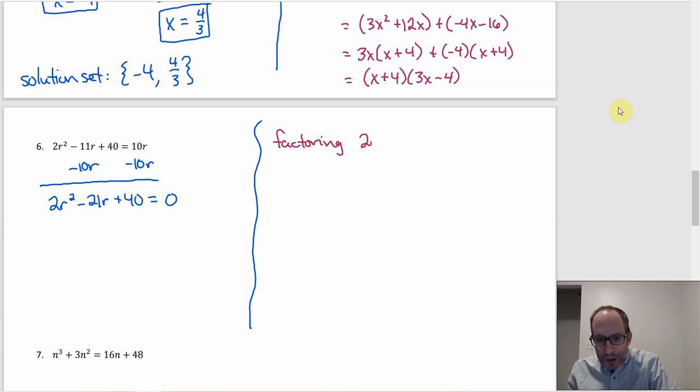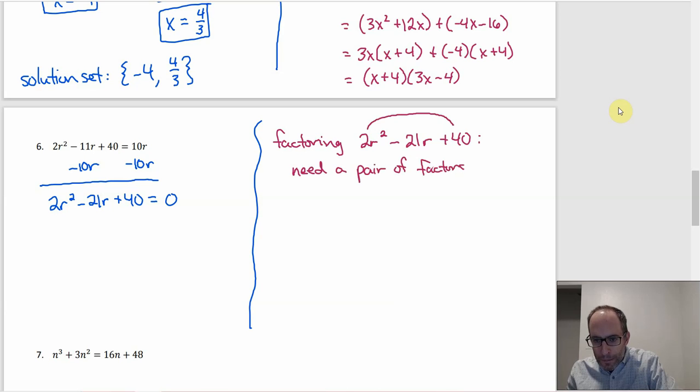So factoring 2r squared minus 21r plus 40, rainbow. So we're going to need a pair of factors of a times c, which here is 2 times 40, which is 80, that add up to -21.